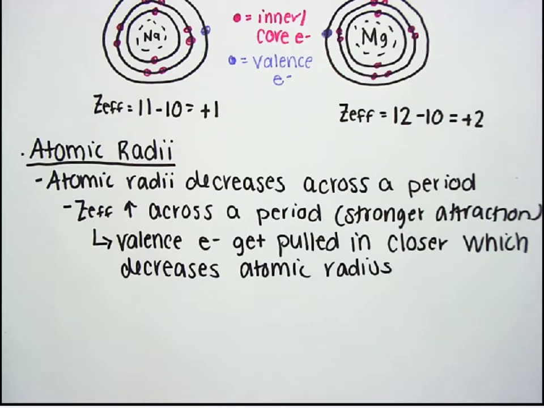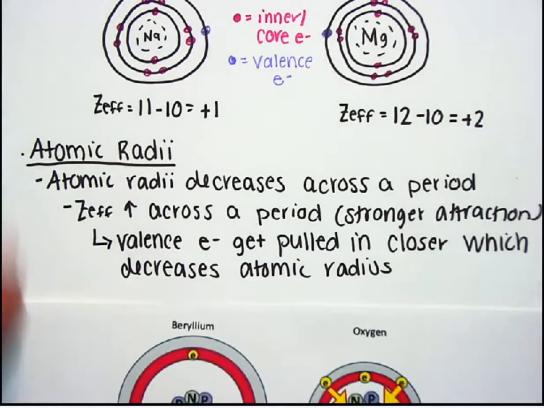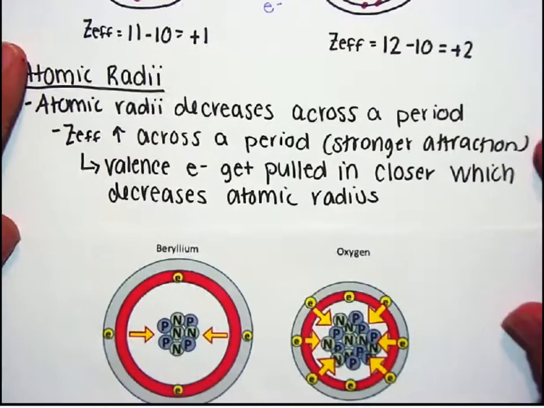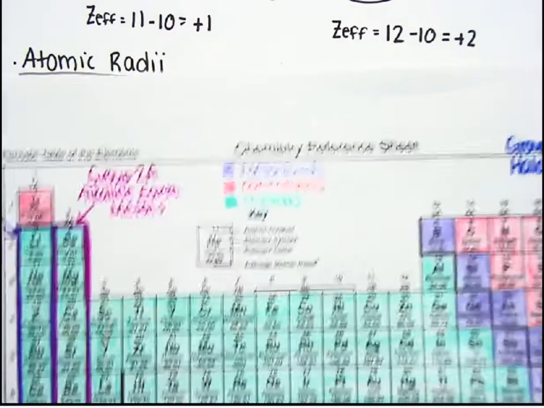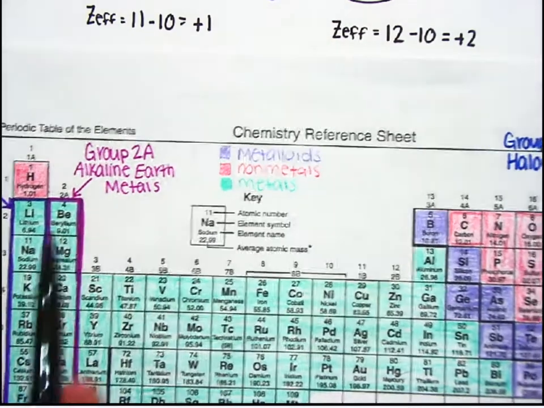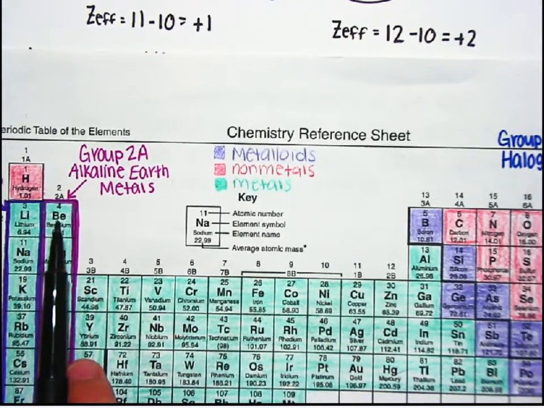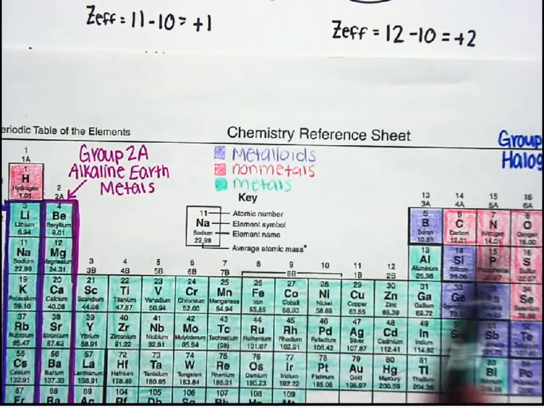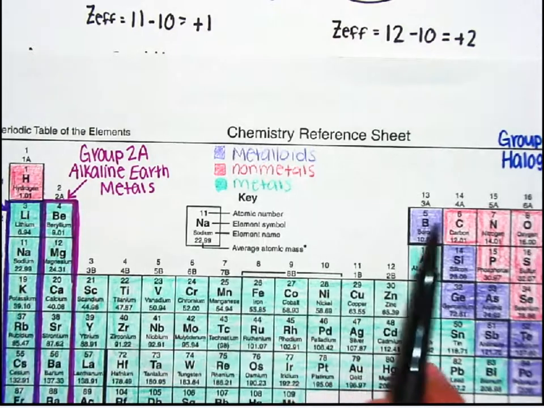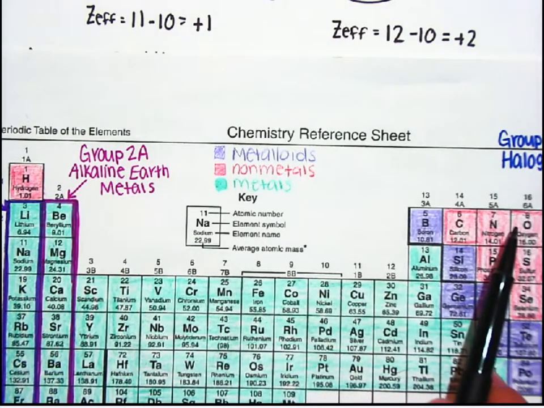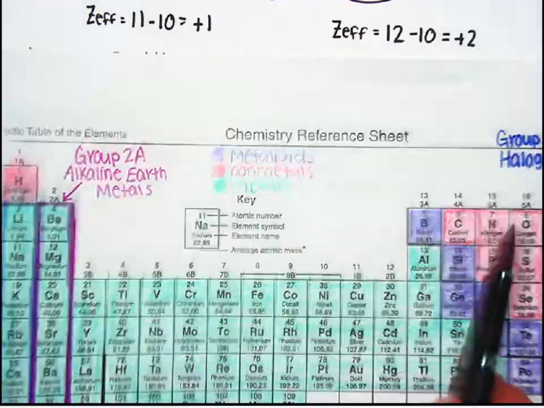So here is a picture of 2 period 2 elements, beryllium and oxygen. Let's look at where those are in the periodic table really quick. So we're comparing the period 2 elements, beryllium to oxygen. As we go across the periodic table, ZEF increases, which means radius decreases.